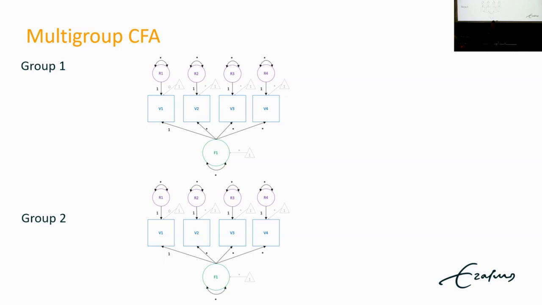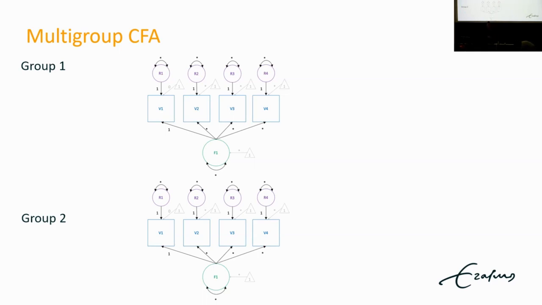So is this measurement model the same in men versus women? Then you would have this measurement model both in group 1, the men, and also in group 2, the women. So this is a multi-group confirmatory factor analysis, and it's typically used for testing measurement invariance across different groups. But that's not what we want, because we don't have different groups.